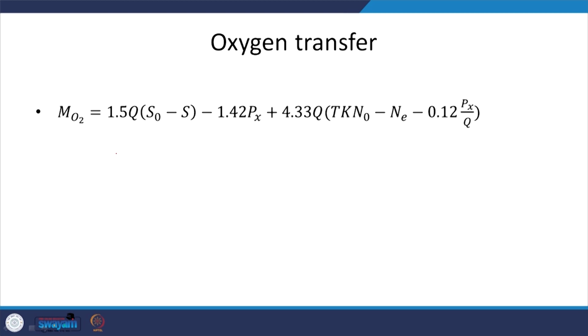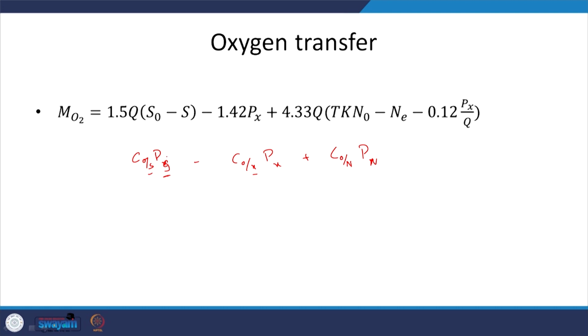Earlier we had the conversion factors with respect to substrate, microbes and nitrogen, and then the mass of substrate, mass of microbes and mass of nitrogen. So, what is PS?